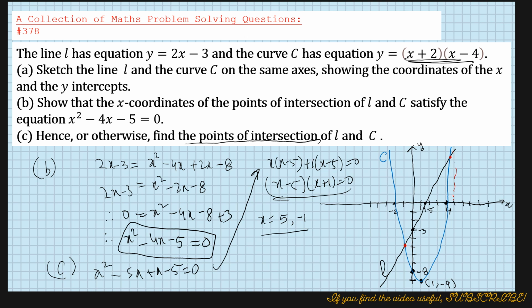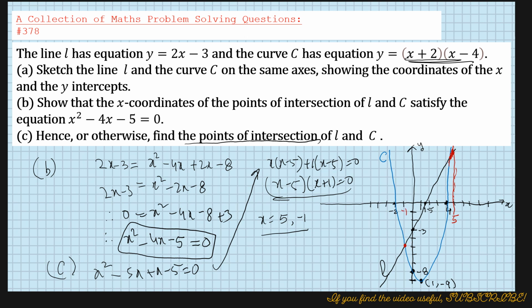So this is the point of intersection. If I can stretch it to here, like this is the curve, so this is the point of intersection. So the x coordinate would be 5, and here the x coordinate would be minus 1.